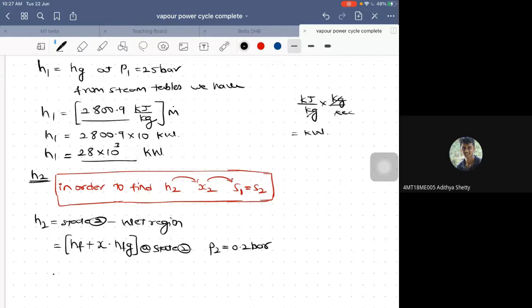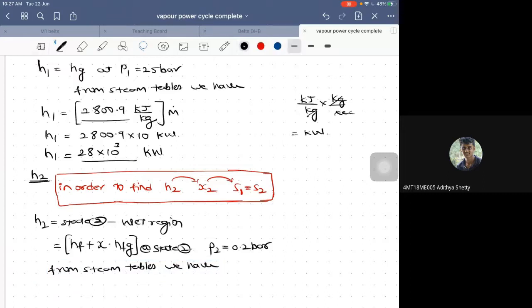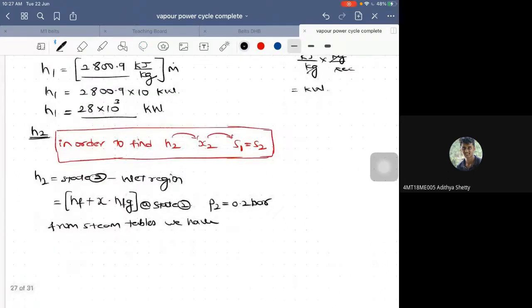So from steam tables again, what we have are the values of hf and hfg at 0.2 bar.